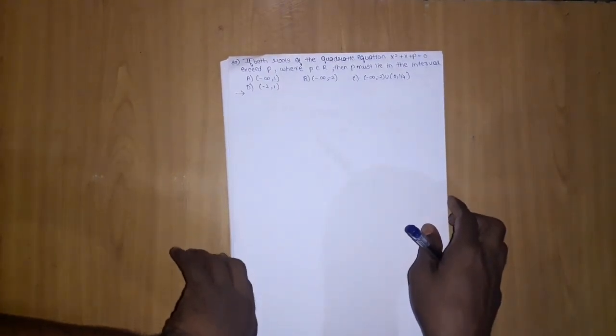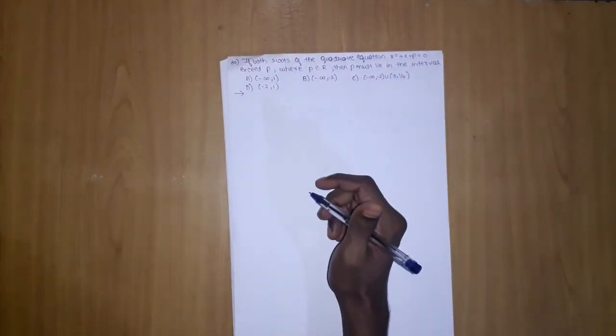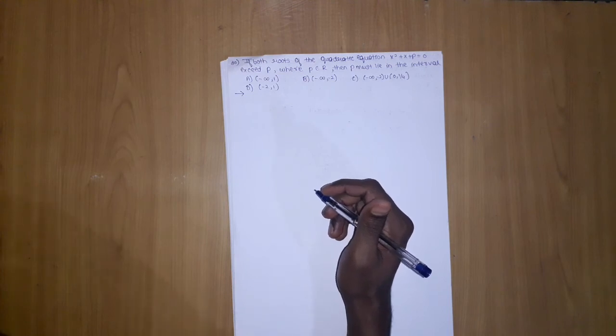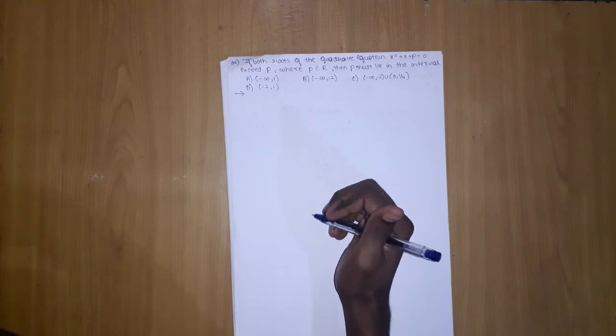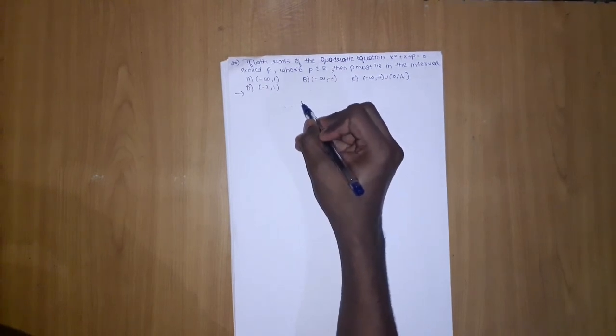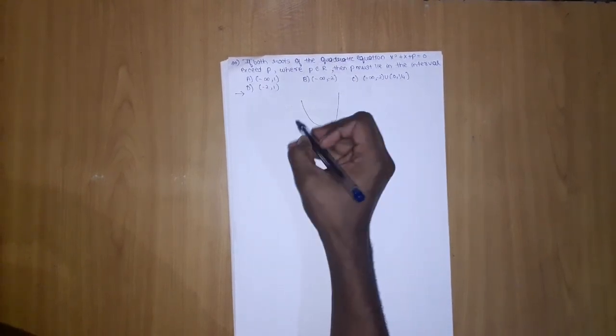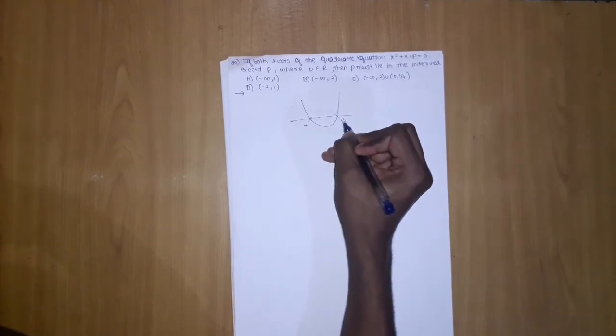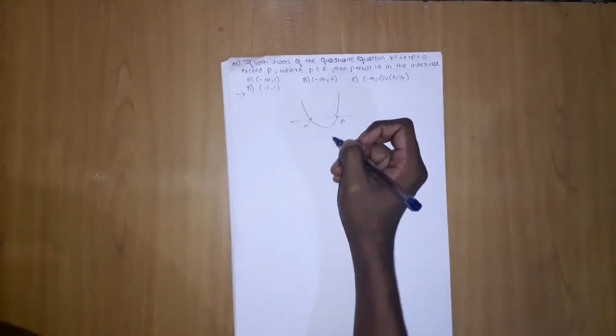Moving on to our last question, which says: if both the roots of the quadratic equation x square plus x plus p equal to 0 exceed p, where p belongs to R, then p must lie in the interval. Both roots exceed p; here a equals 1, and alpha, beta exceed p.